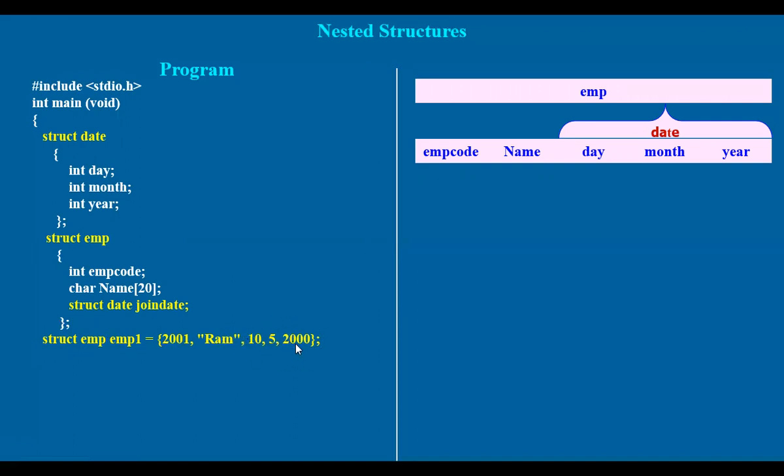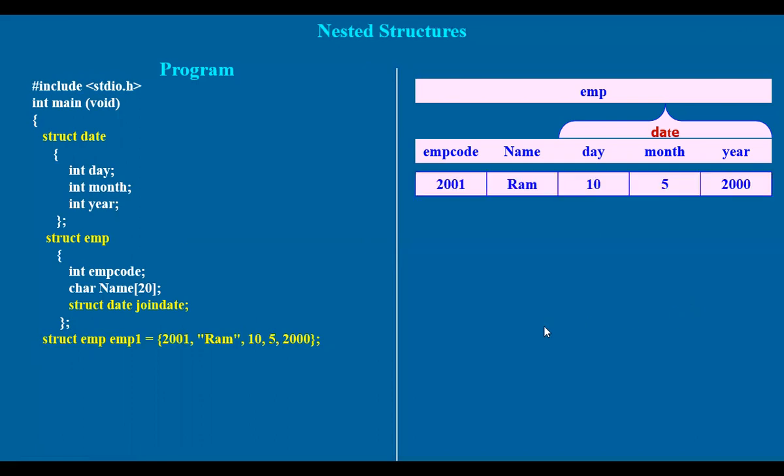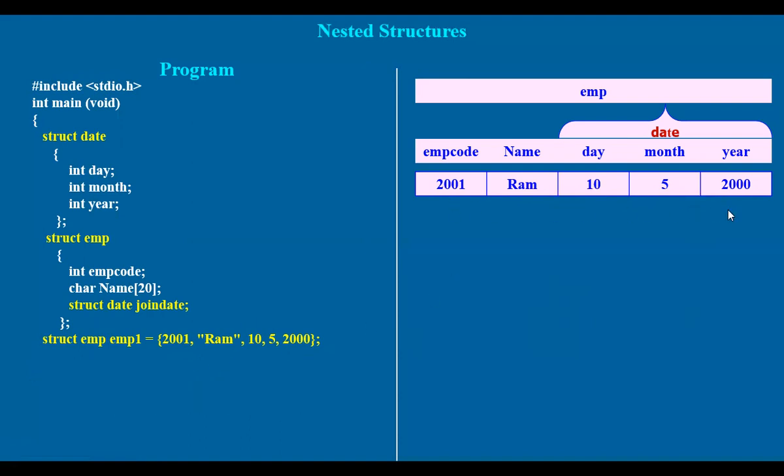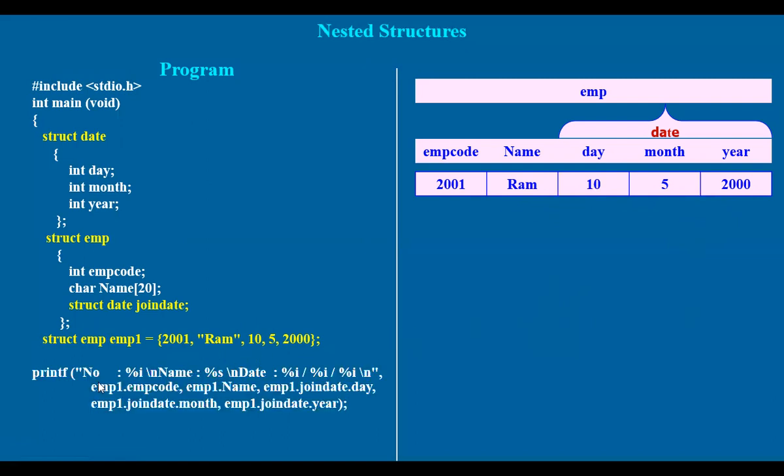All the 3 values are provided here, and these values are stored in the structure like this: 2001 number, name, and day, month, and year. Suppose if you have another variable EMP2, similarly you will define it in the same manner. To access or display this data, we take the number, date, and all these things. Accessing the data: the variable name EMP1 dot EMP code, the field name inside the structure.